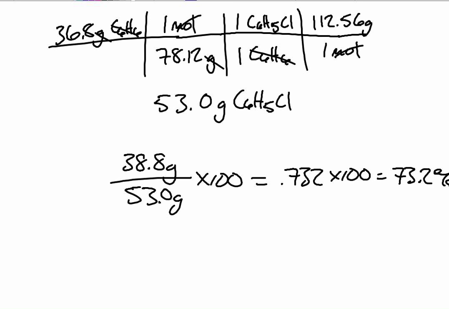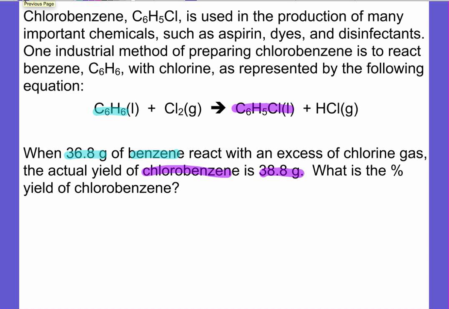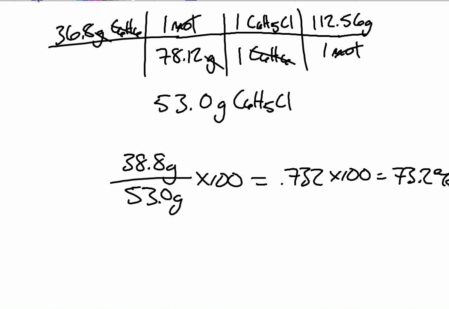So given what I was given, when 36.8 grams of benzene react, in theory I could have made 50 some odd grams of chlorobenzene, but in reality I only made 38.8. So I've got to divide, multiply by 100, get an answer.